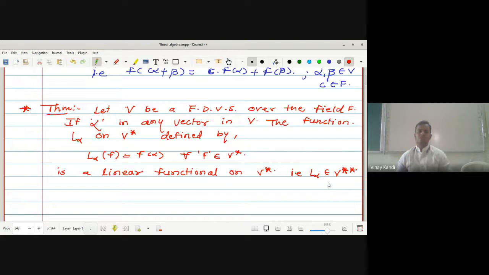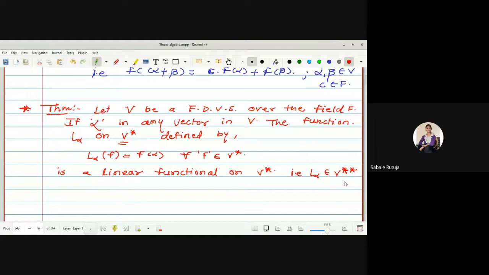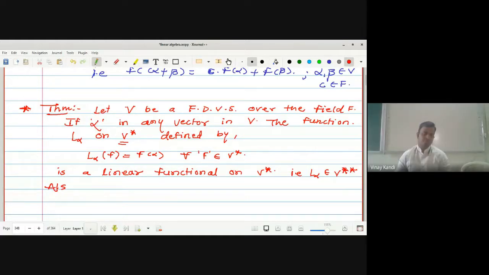If any function defined on V star is a linear functional, then it belongs to V double star. Okay, that is, we have to prove that this L alpha function is a linear functional on V star, that is, L alpha belongs to V double star. Okay, any doubt up to here? No, sir. And also a mapping.